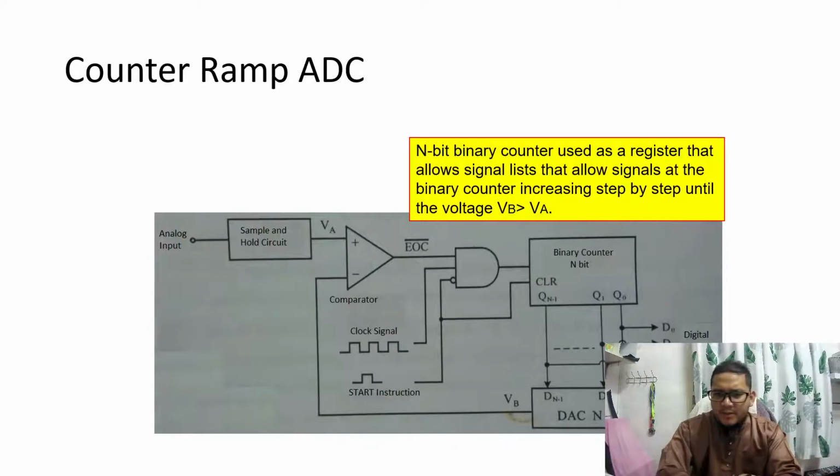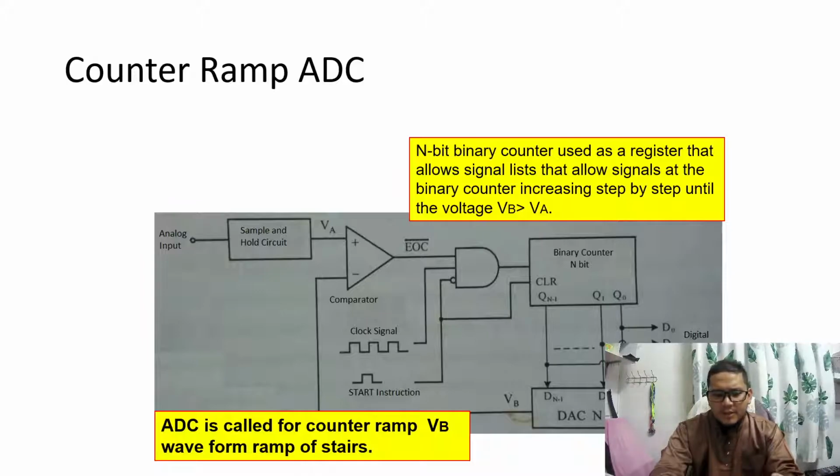Okay, the n-bit binary counter is used as a register that allows the signal in the binary counter to increase step by step until the voltage VB is greater than VA. So the ADC is called counter ramp, okay, that forms the ramp of stair.